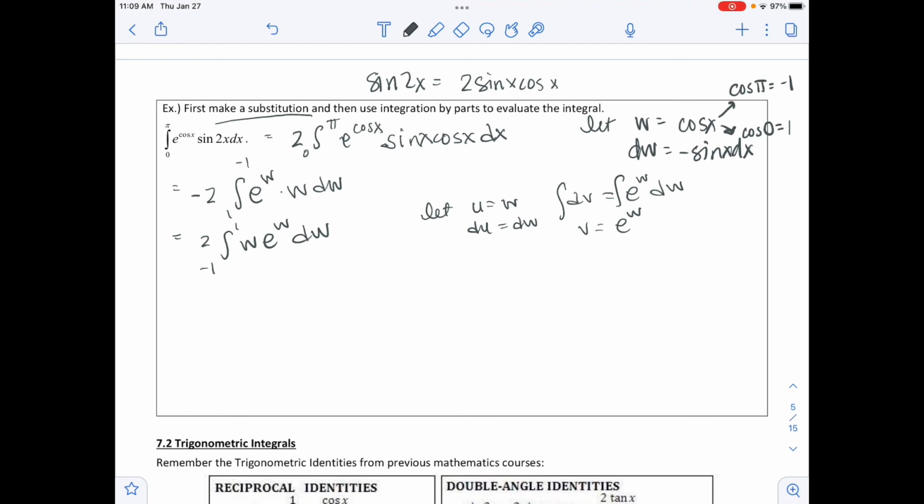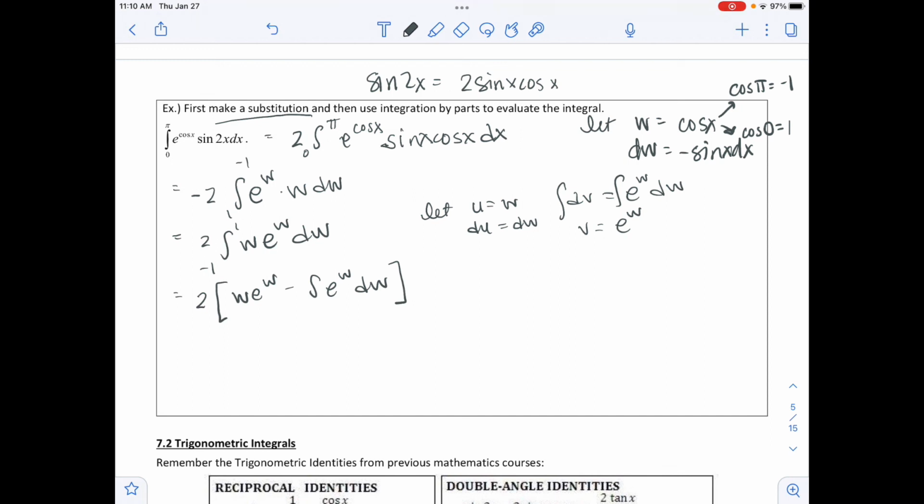So using our integration by parts formula, don't forget you do have a 2 out in front. The integral of u dv is going to be u times v, so we have w e to the w, minus the integral of v du, which is e to the w dw.